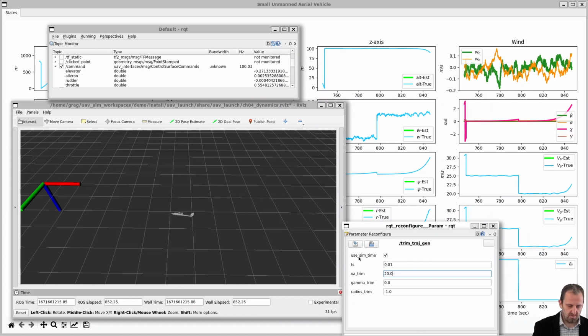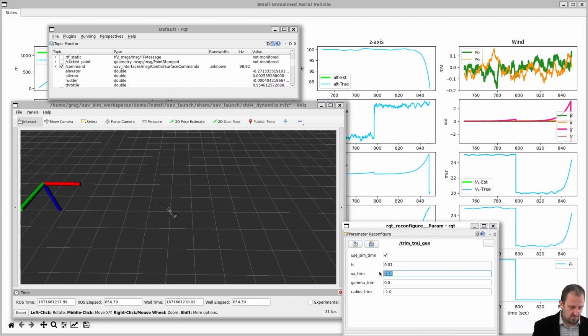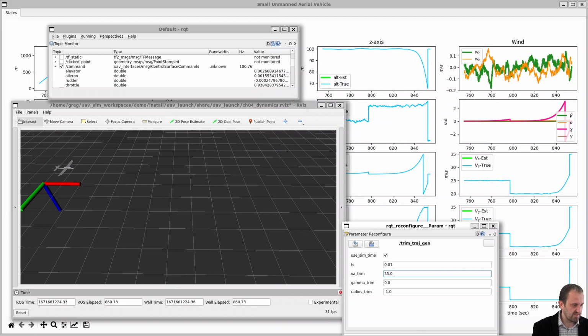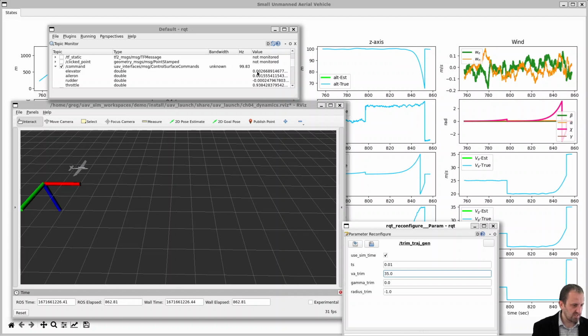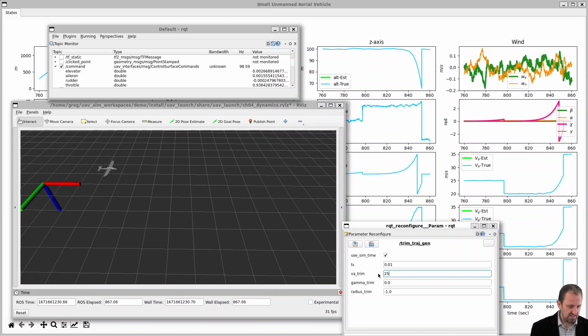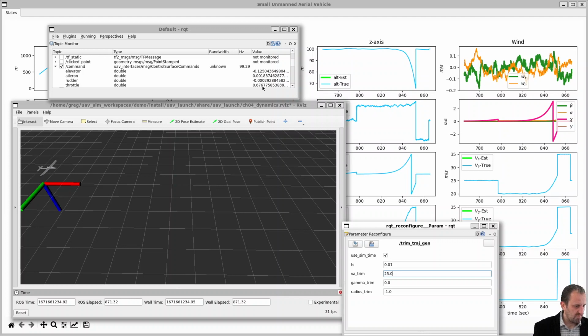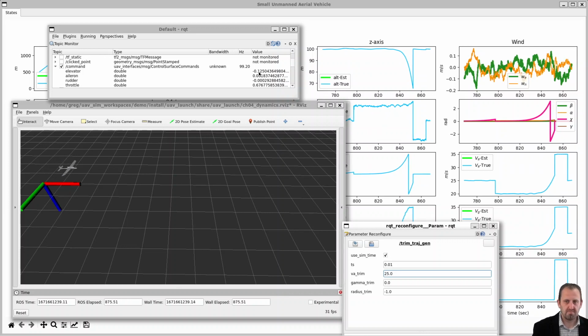If we come over here, we could potentially go to 35 meters, and now we have a smaller pitch, and you can see that by looking at our elevator, which is now much smaller, although our throttle is much bigger. I'll go back to 25 so you can see the difference in those two. So we have much smaller throttle and much bigger elevator command.